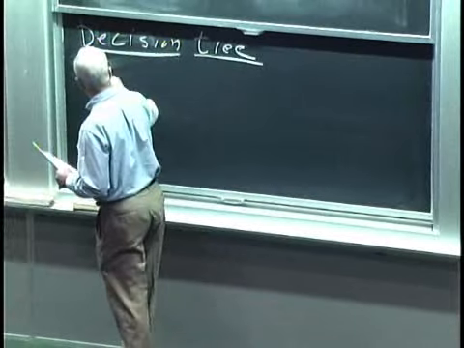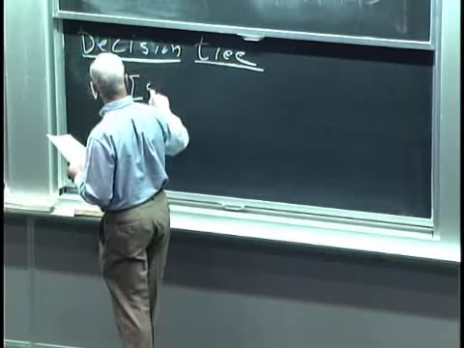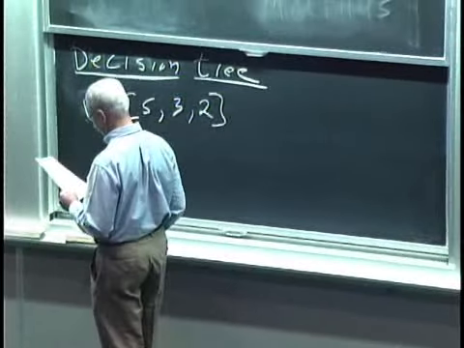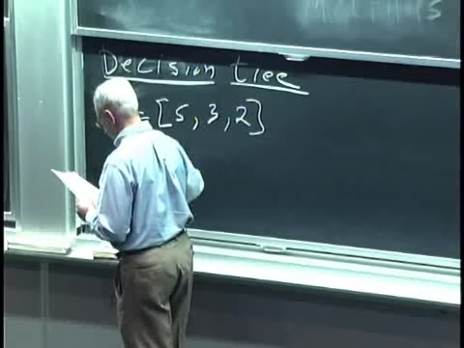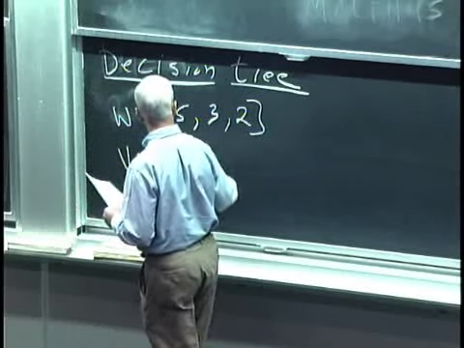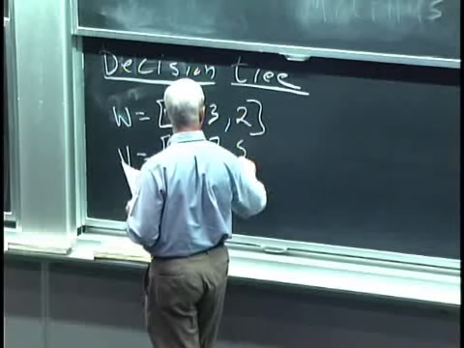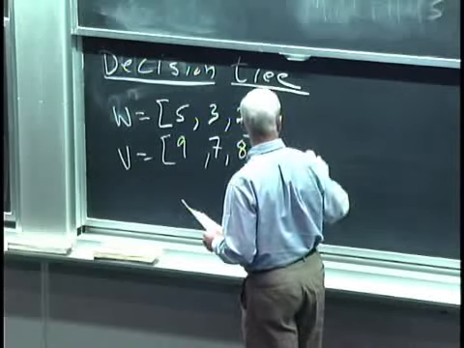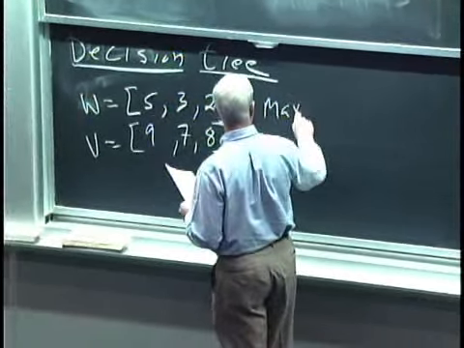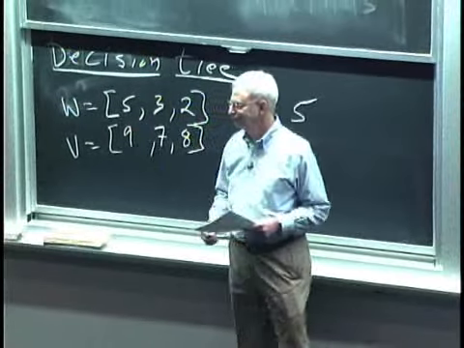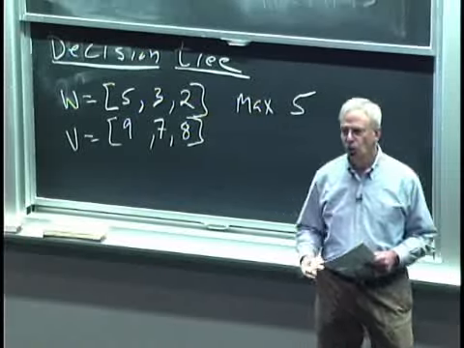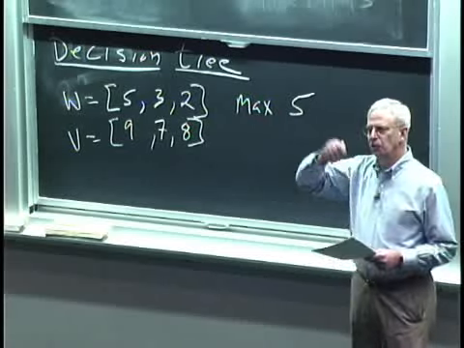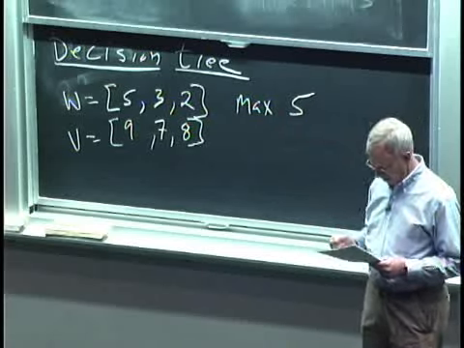Let's assume that the weights, and I'll try a really small example to start with, are 5, 3, and 2. And the corresponding values are 9, 7, and 8. And the maximum weight, we'll say, is 5. So what we do is we start by considering for each item whether to take it or not.